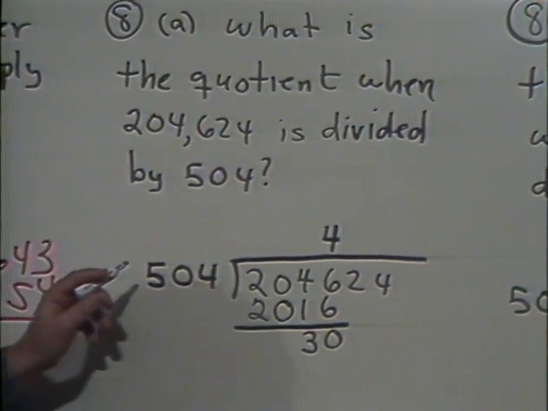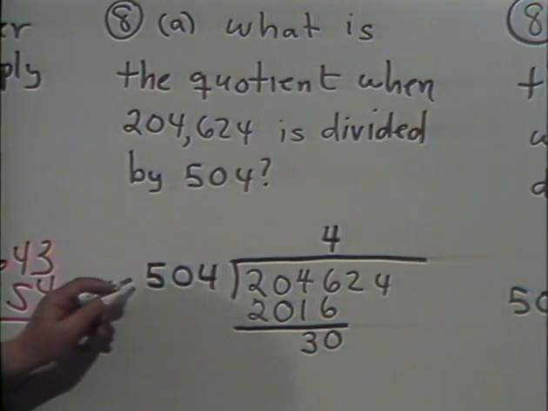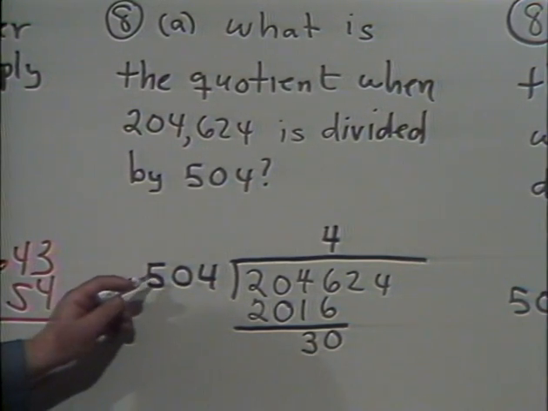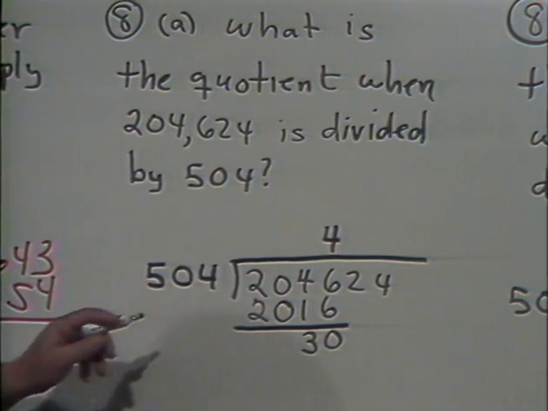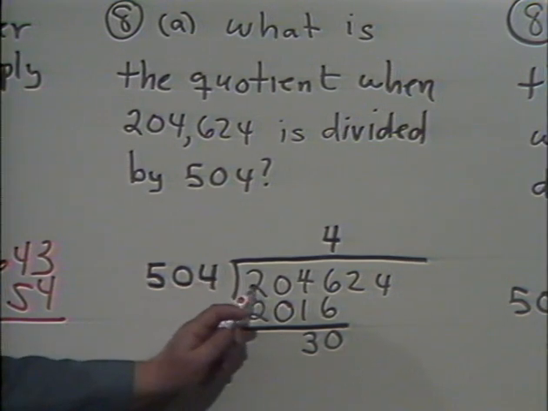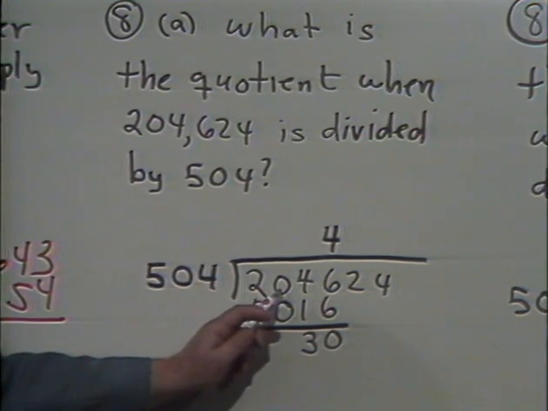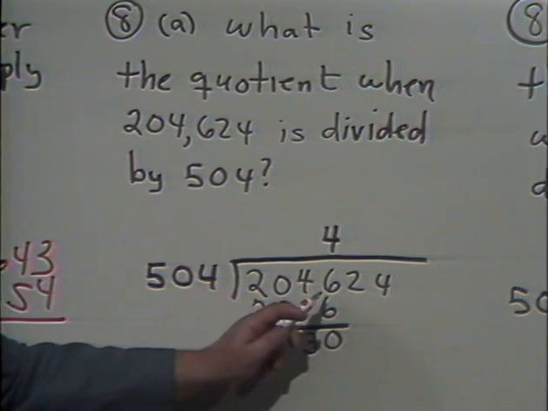So all we do is, again, the number we divide by, that's called the divisor, goes outside. That's the goes-into number. 504 goes into 204,624. And now we look for the first number that's bigger than 504. 2 is too small, 20 is too small, 204 is too small, 2,046, that's bigger.